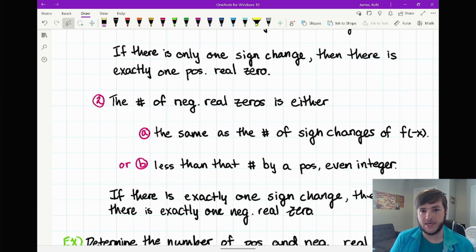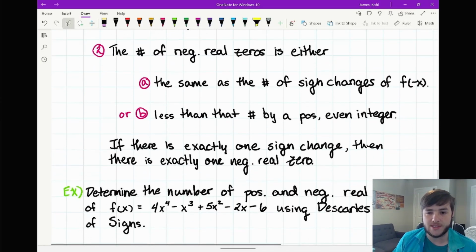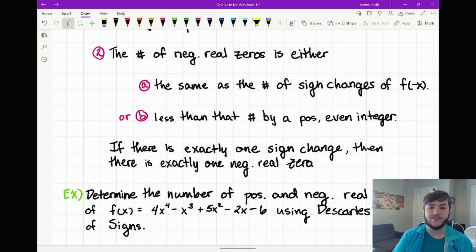And Descartes' rule of signs tells us that it is either the same as the number of sign changes, or less than that by some positive even integer. By the way, if there is exactly one sign change in the original polynomial, then there is exactly one positive real zero. Or if there's exactly one sign change in f of negative x, then there is exactly one negative real zero. We're going to use all of these rules together in an example.